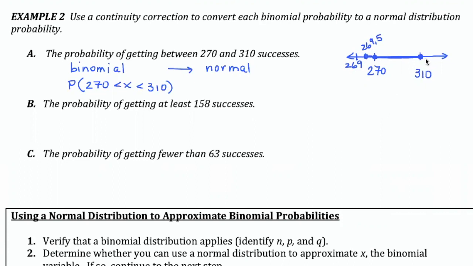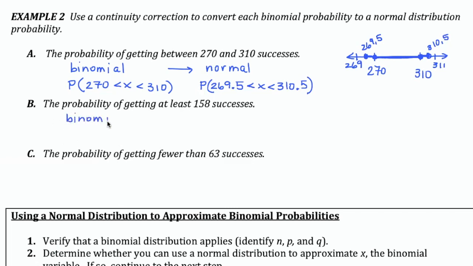And then on the other side of 310, I need to consider numbers that will round to 310. So if 311 is out here, anything that is 310.5 or below will round to 310. So my normal probability will be any value from 269.5 up to 310.5.